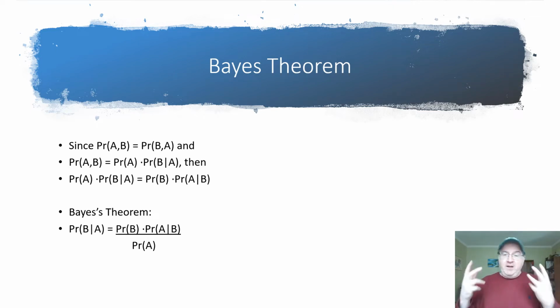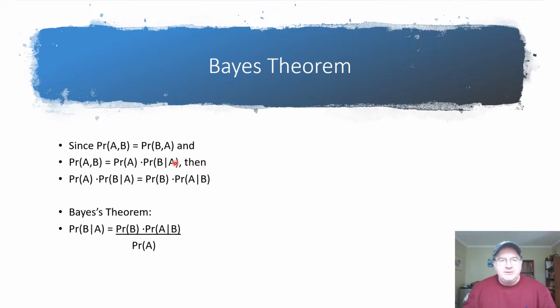Since I started out by saying this is basically commutative, that it doesn't matter which order you do these things, the joint probability is the same, then the probability of A and B occurring equals the probability of B and A occurring.